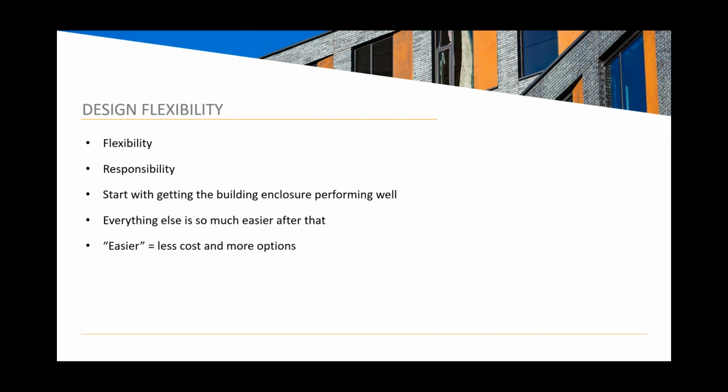If we're going to be able to do almost anything on the building, more and more, you need to be responsible collectively that those assemblies meet the desired result. So I'm going to suggest that if you start by getting the enclosure assemblies performing well, everything else involved in your energy modeling and the calculations gets so much easier, and easier involves less cost and more options for products and more options for changes in design.